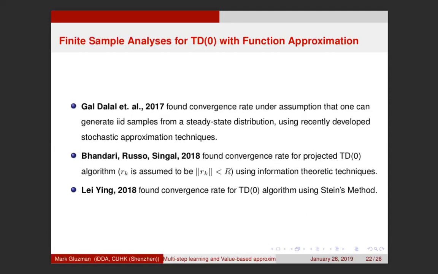He hasn't published this paper yet. He just presented this result at the conference one month ago. But the point is that even for this simple algorithm, TD0 with linear approximation, there is still ongoing research for some basic questions, like the convergence rate of this algorithm. It was still open until a month ago.